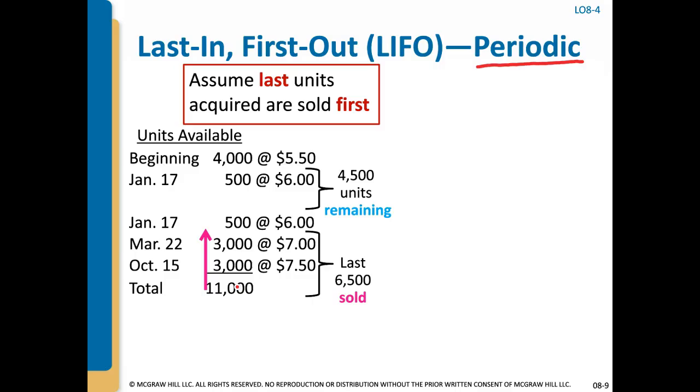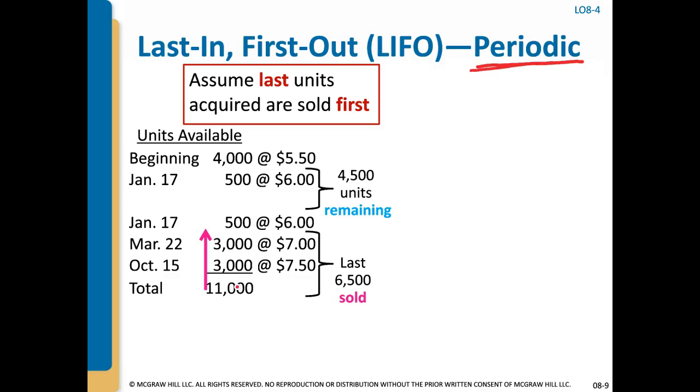In the periodic inventory system, inventory and cost of goods sold are only recorded and computed at the end of an accounting period, such as the end of the month, quarter, semi-annual, or annually.